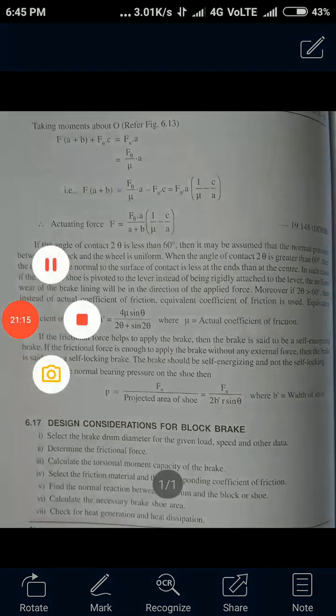And the last criterion you need to observe, whether F theta is moving towards the fulcrum or away from it. Considering all these things, we have to choose the correct formula, substitute and find the values.